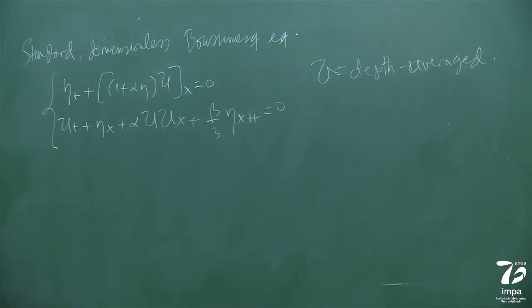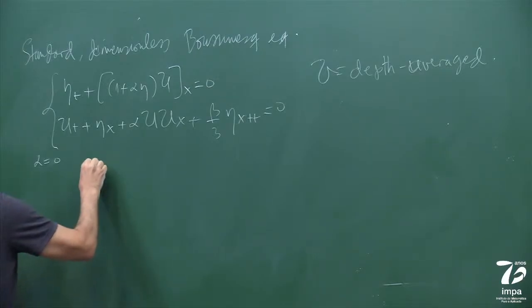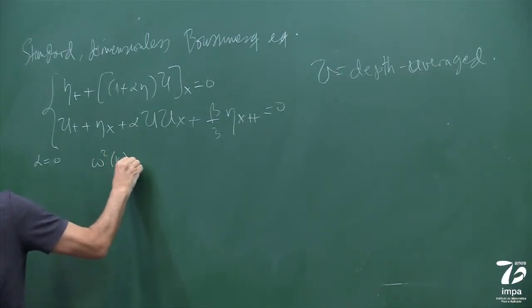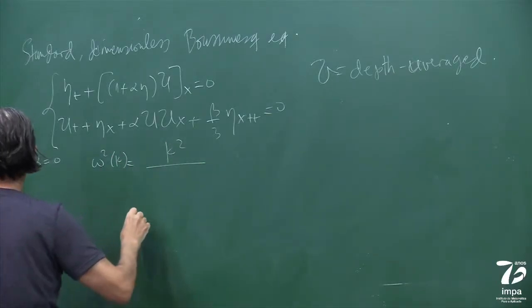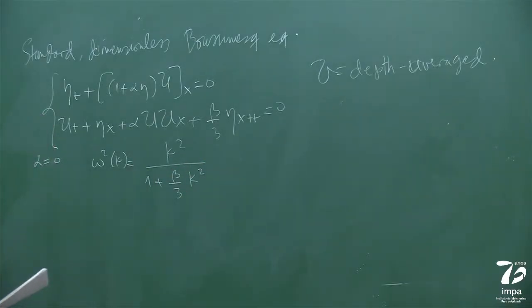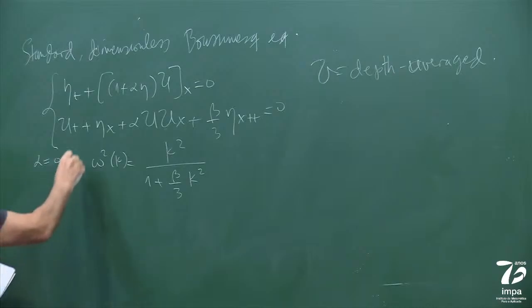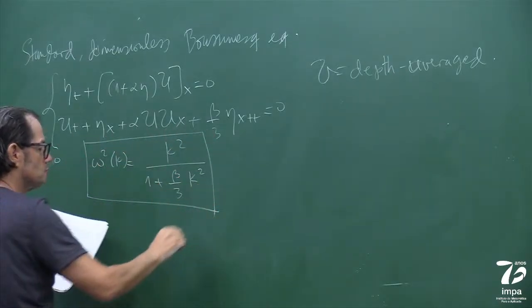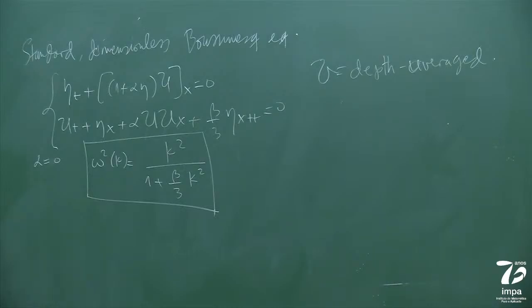Okay? And then if we do alpha equal to 0, we get the following dispersion relation. And this is a good Padé approximation dispersion relation, which you can check to leading order. It looks like the full dispersion relation.